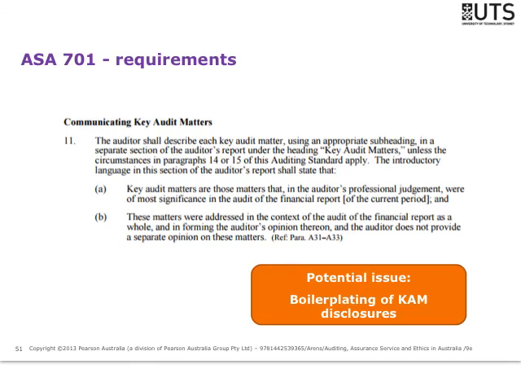Okay, so this will be communicated in a paragraph titled Key Audit Matters in the audit report. So the potential issue we have is the boilerplating of these types of disclosures, meaning that auditors may simply make the exact same statements year to year. So it may not be that informative if auditors don't provide relevant disclosures in the key audit matters, meaning that they simply talk about the exact same accounts year to year.